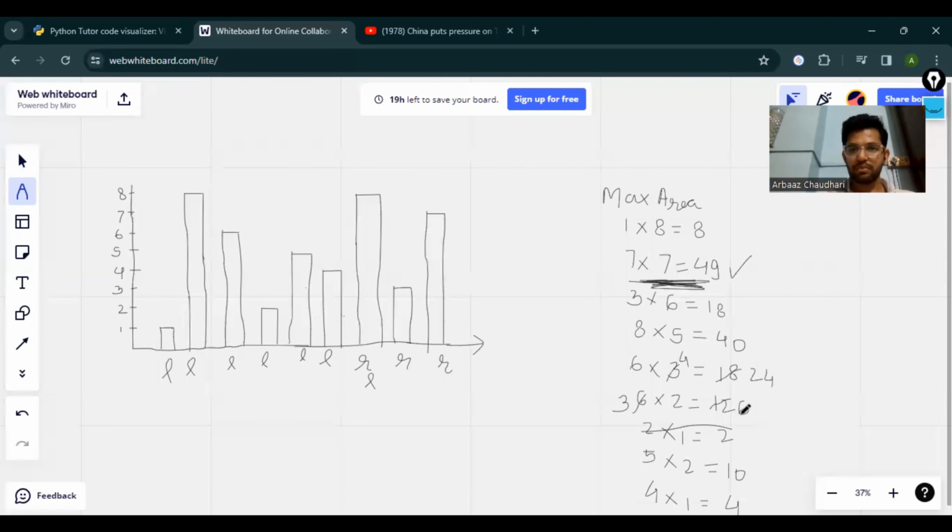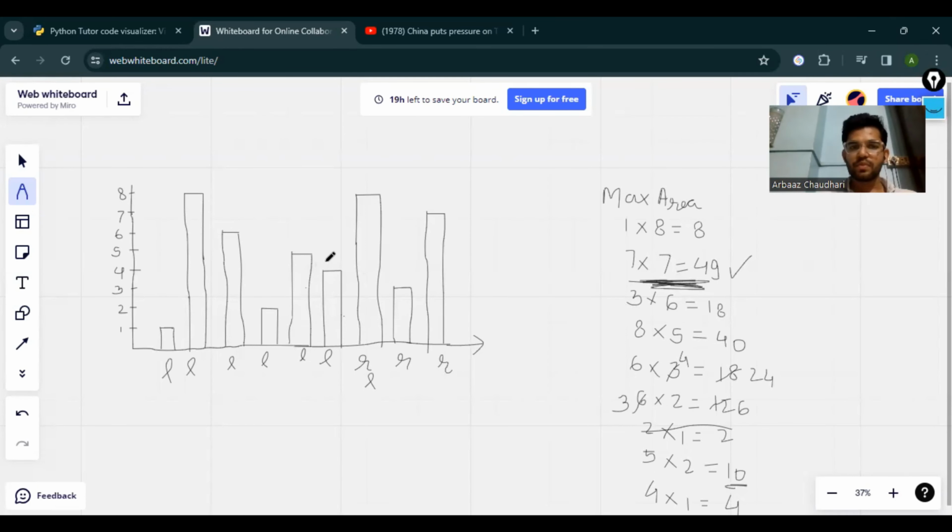From here we check which one is the smaller height. We get this one. Over here it is 5 and water will be filled till 5, and the width is 1, 2. Then 5 multiplied by 2 becomes 10.